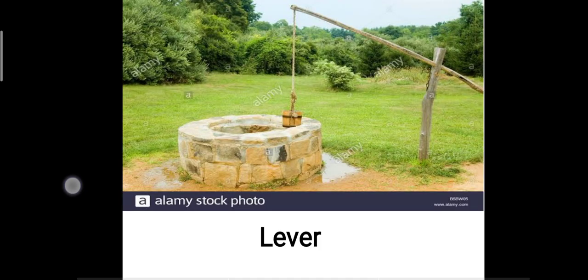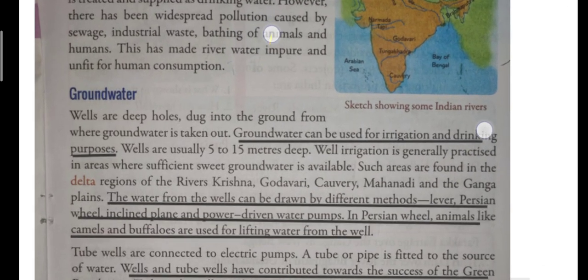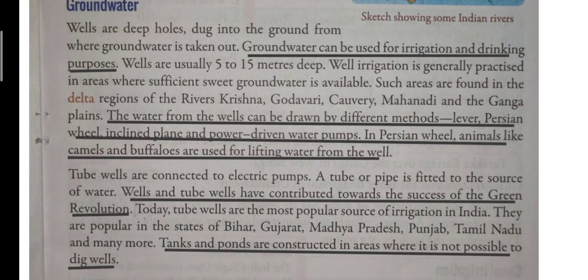Okay, let us come back to our chapter. So tube wells are connected to electric pumps. A tube or pipe is fitted to the source of water. Wells and tube wells have contributed towards the success of the Green Revolution.